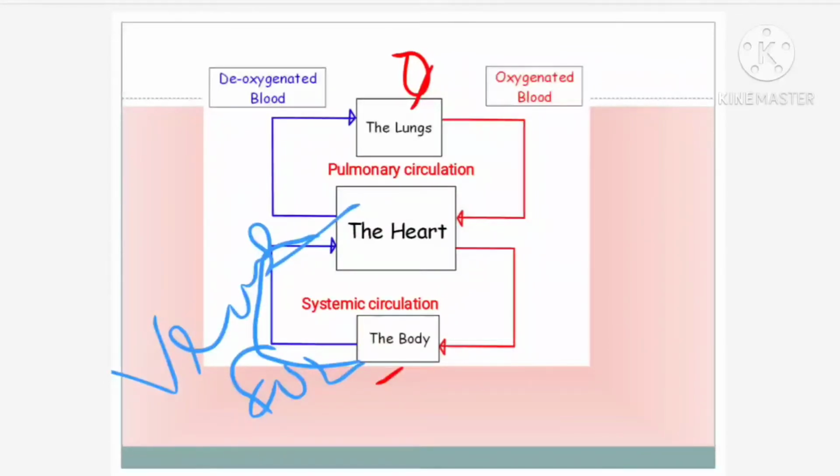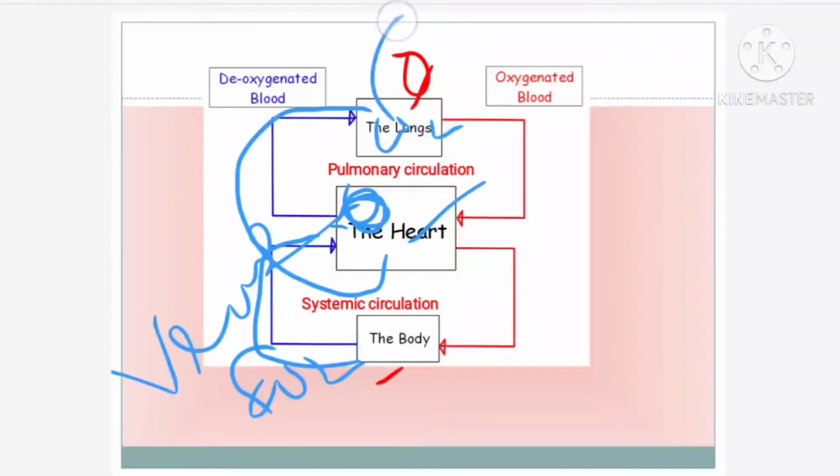To the right part of my heart. From there, when the heart is pumping, the blood will be passed on to what? To the lungs. So, carbon dioxide will reach the lungs, and from there the carbon dioxide will move out. The blood vessel which is carrying that blood from the heart to the lungs is the pulmonary artery.